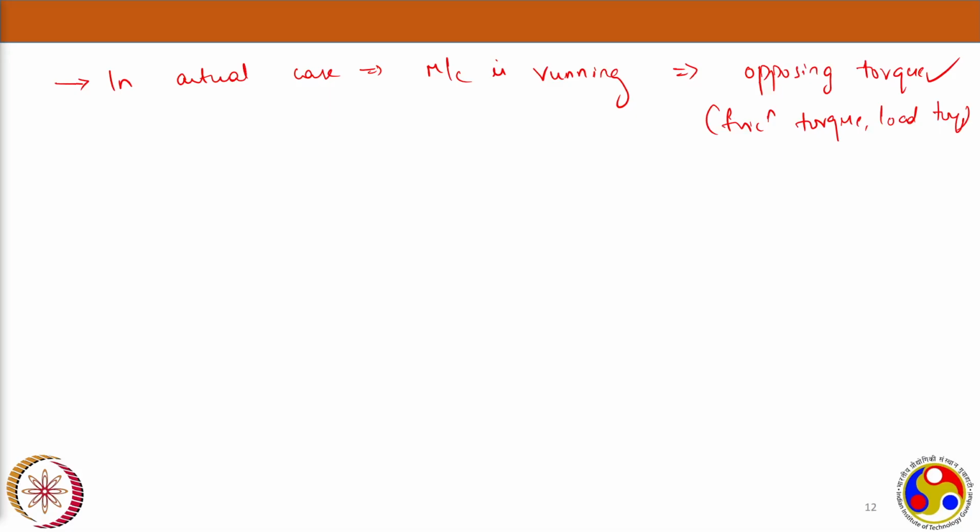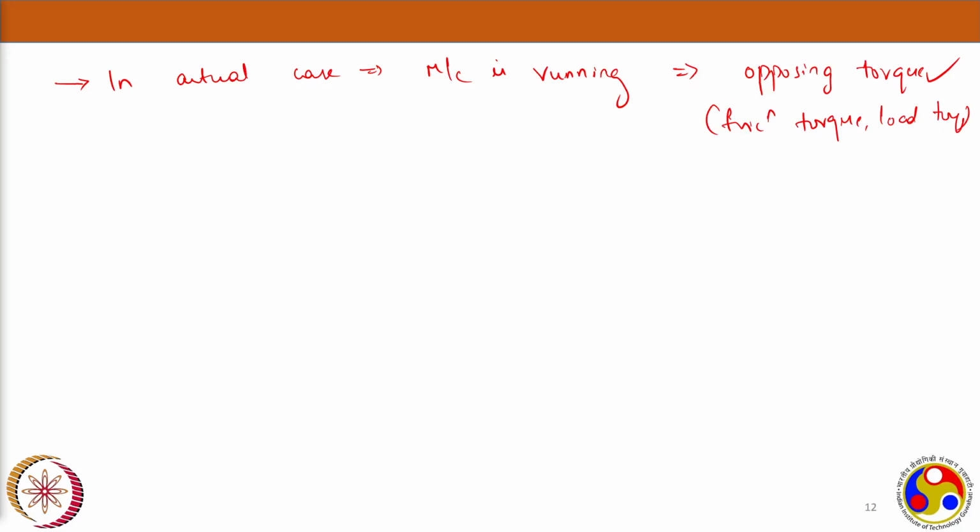These two powers together should be supplied by the machine, and must be drawn by the primary only. Whatever power you have on the secondary side, this mechanical power and also the copper losses, everything should be supplied by the primary only. In your actual motor you have local I square R copper losses and also mechanical power losses, and both are contributed by the primary.